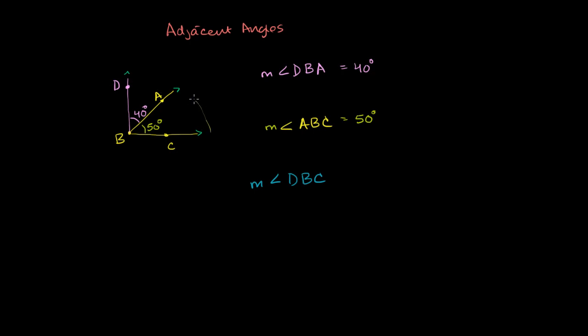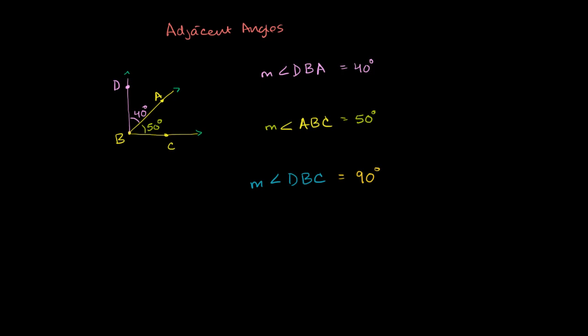But maybe I'll draw it really fast. So if you had a protractor right over here, clearly this is opening up to 50 degrees, and this is going another 40 degrees. So if you wanted to say what the measure of angle DBC is, it would essentially be the sum of 40 degrees and 50 degrees. And let me delete all of this stuff right here to keep things clean. So the measure of angle DBC would be equal to 90 degrees.